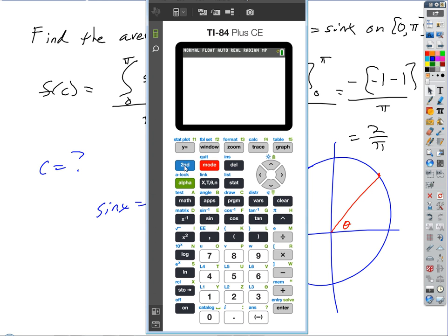And I'm going to do inverse sine of 2 divided by pi. Right there, there we go. And it gives me about 0.69 radians.